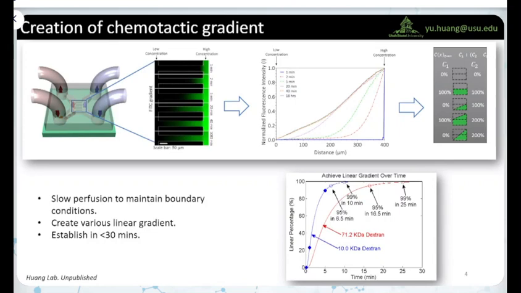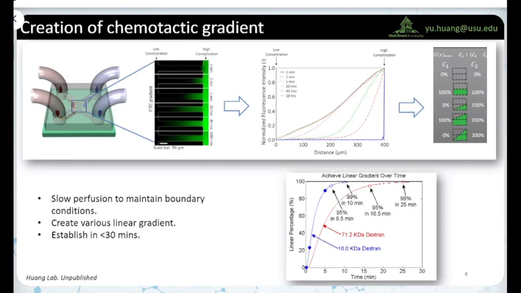On the other hand, you can also form 0, 100, and 100, 200, which has the same gradient slope but a different starting concentration. You can also increase the concentration slope from 0 to 200 and have a heavier, more intensified gradient.